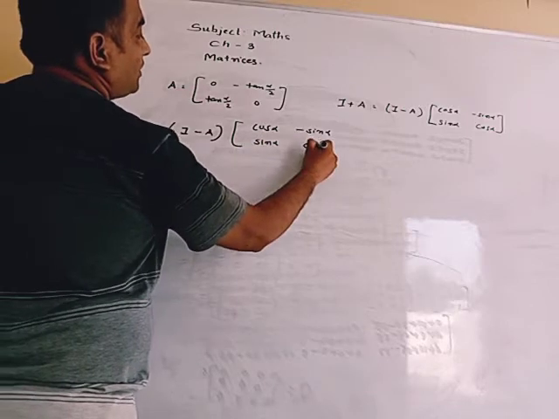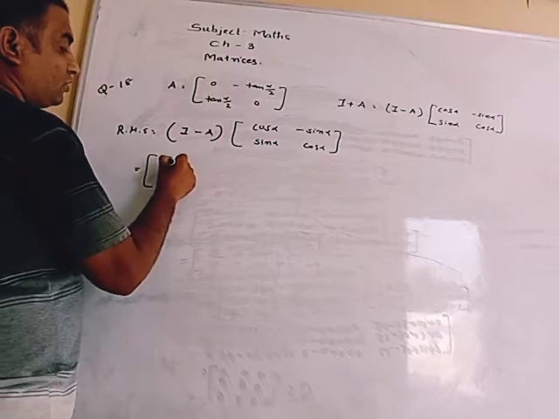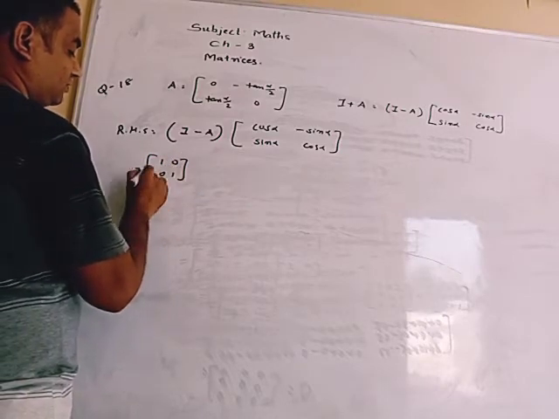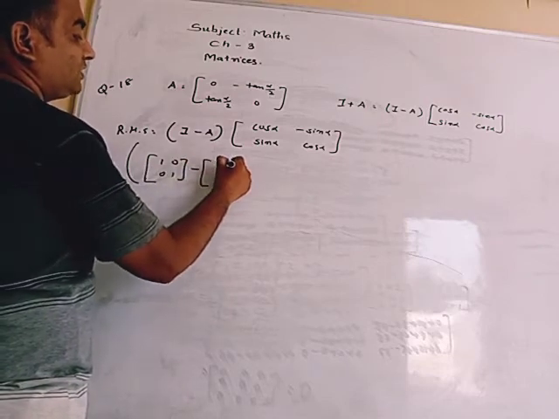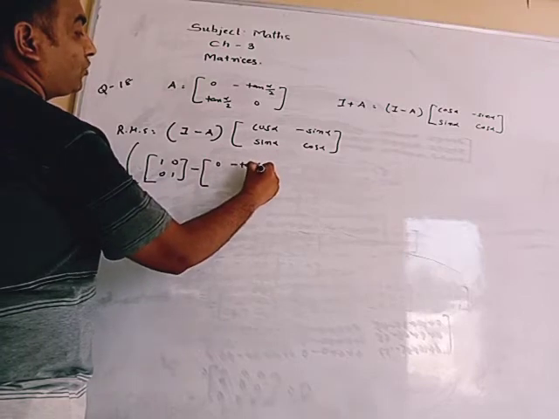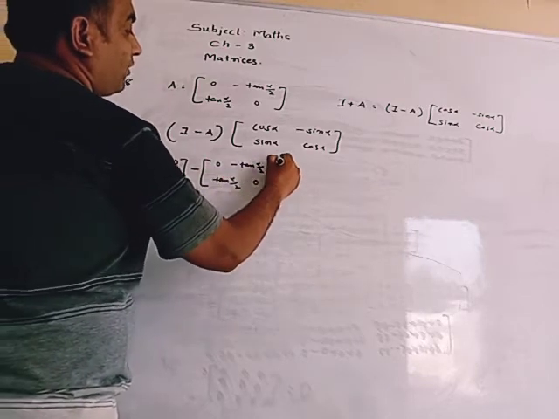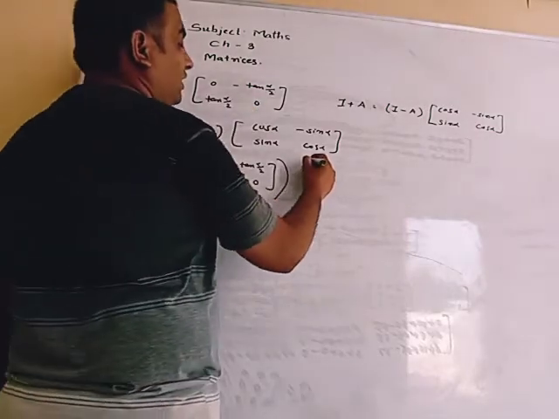So I means [1 0; 0 1], the 2 cross 2 identity matrix, minus A, which is given as [0, minus tan alpha by 2; tan alpha by 2, 0]. Now A is in terms of tan alpha by 2, so here cos and sin we write in terms of tan alpha by 2.